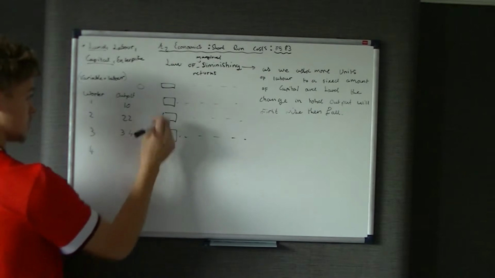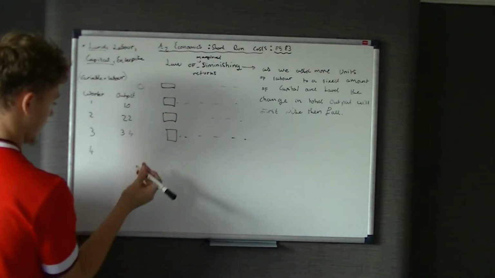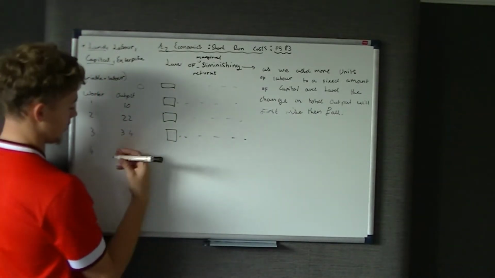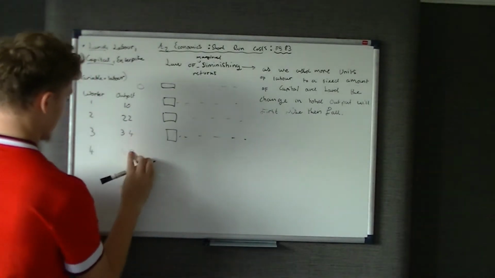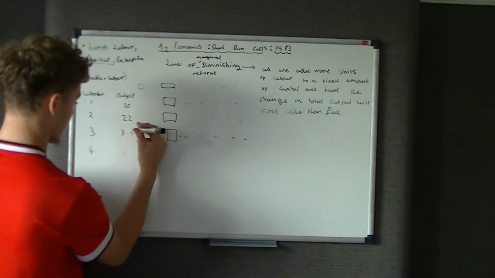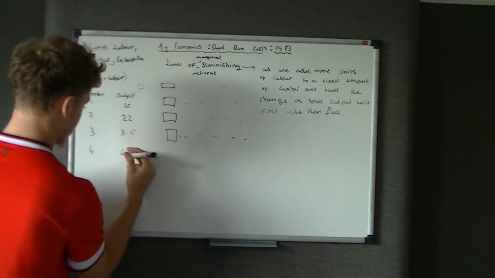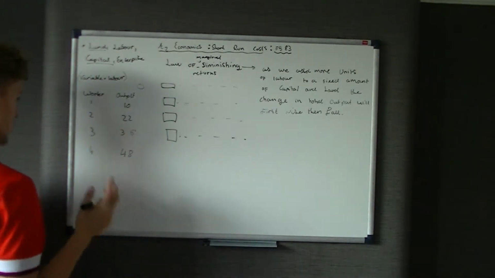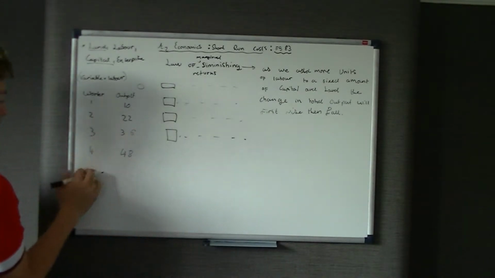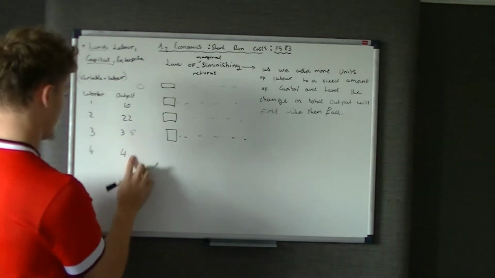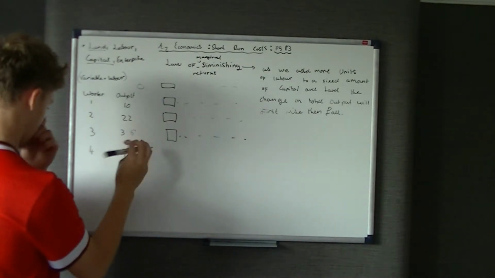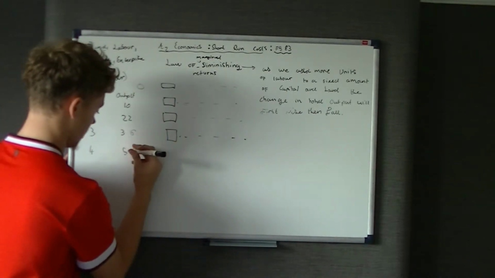For 4 workers, this is not really maximum output, but all the machines being used, all the capital is being used. At 3 workers it could be 36, sorry, and 4 workers could produce 52 units.